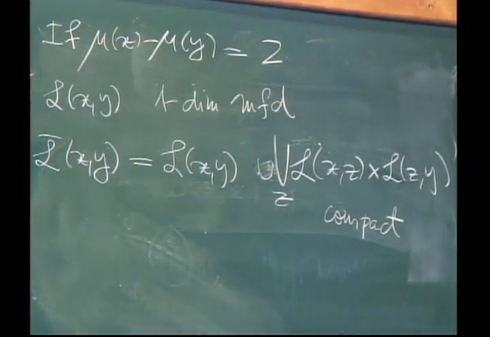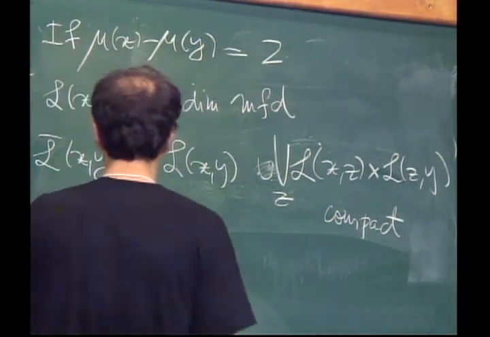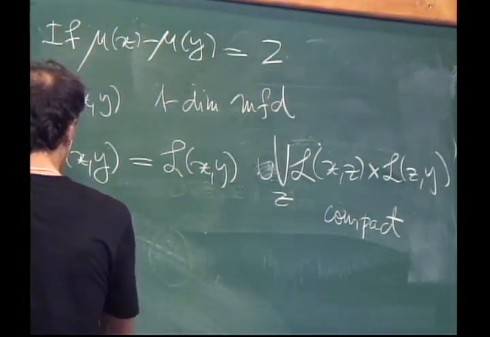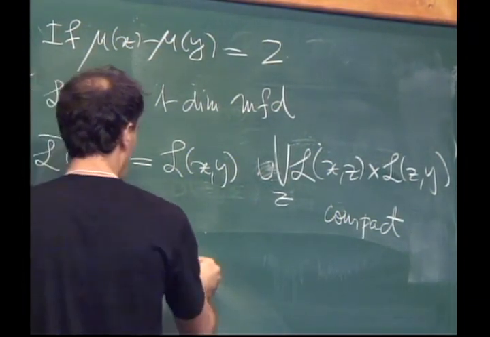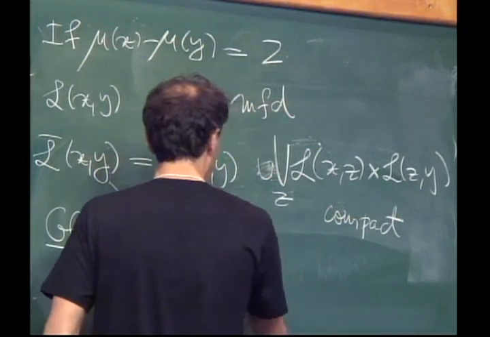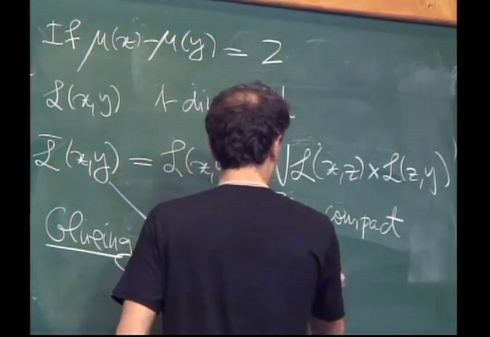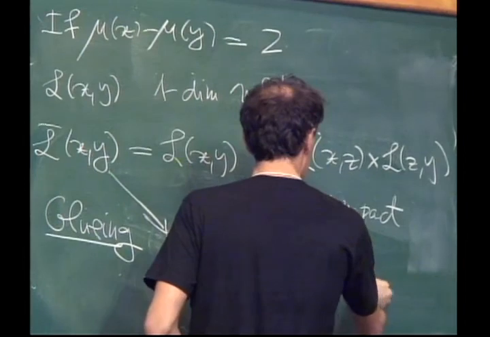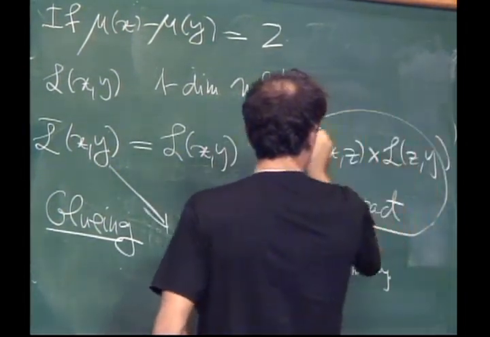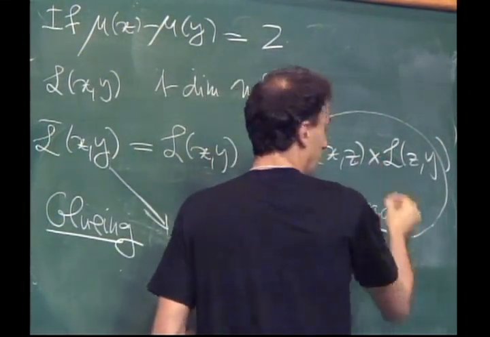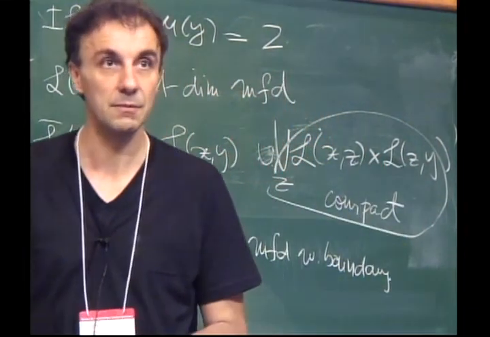So now what we need to have in order to have our complex defined is the last part, which is called gluing, meaning that this is a one-dimensional manifold with boundary. And actually what we have to do is the boundary structure at these points, right?